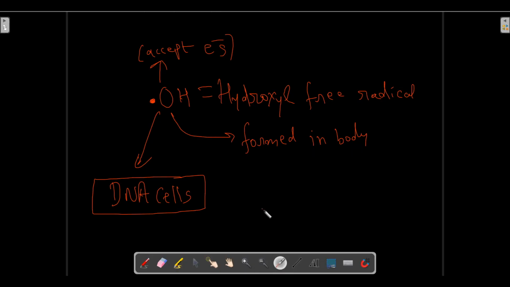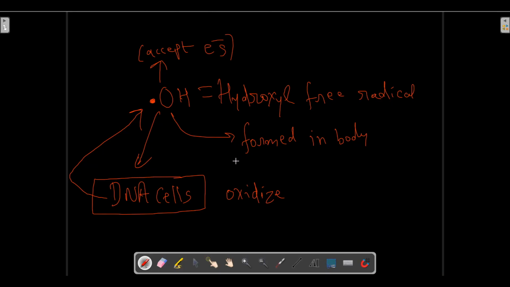So it wants to oxidize DNA cells, taking electrons from them, because loss of electrons means oxidation. So OH radical wants to oxidize DNA cells, because OH is a free radical.